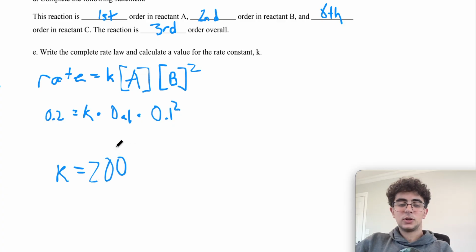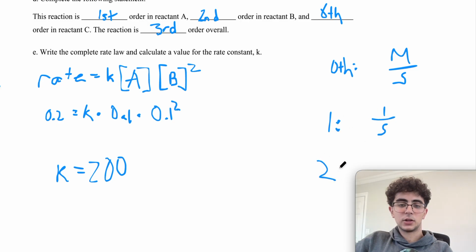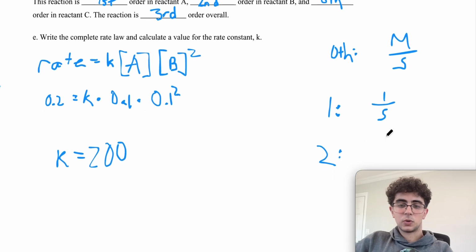Now, what is the unit for k? When the reaction is overall 0th order, it's molarity per second. When the reaction is first order overall, it's 1 over second. When it's second order overall, it's 1 over molarity second. So if you're catching the trend, we're dividing by molarity each time.